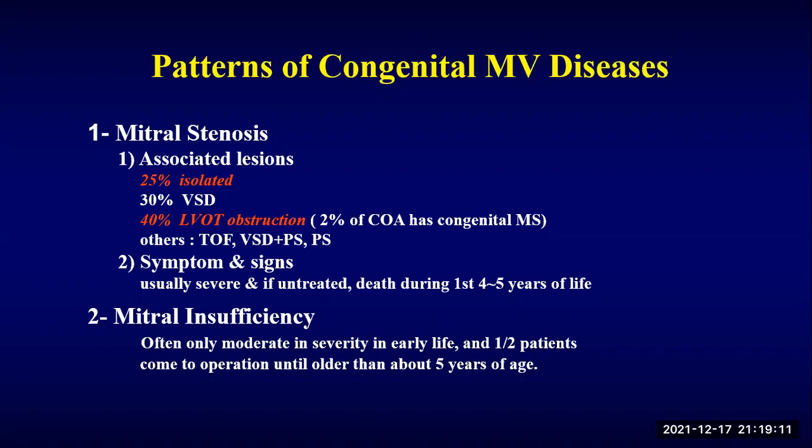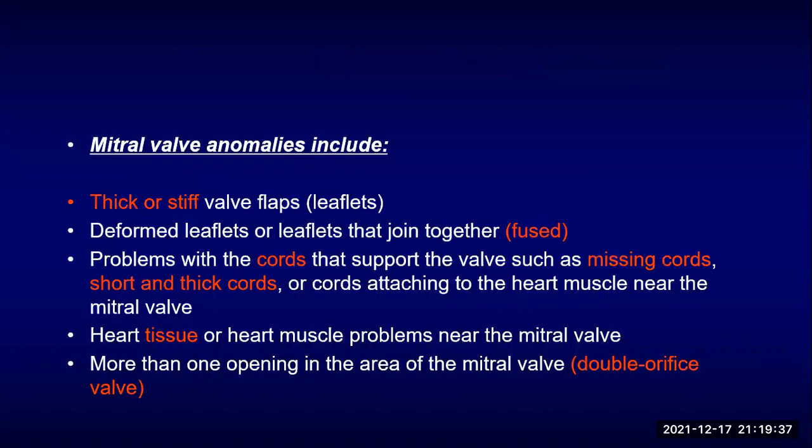Signs and symptoms: congenital mitral stenosis is usually severe, and if untreated, death occurs during the first 4 to 5 years of life. For mitral regurgitation patients, often it is only moderate in severity in early life, and to operate on these patients, we can wait until older ages, more than 5 years.